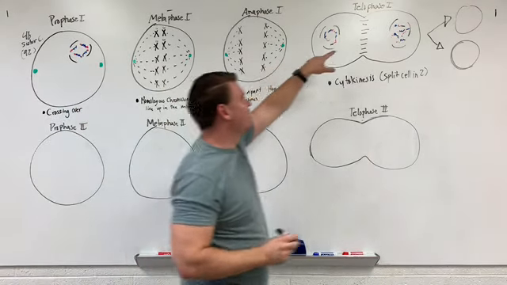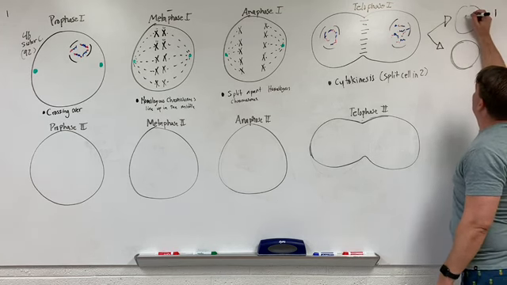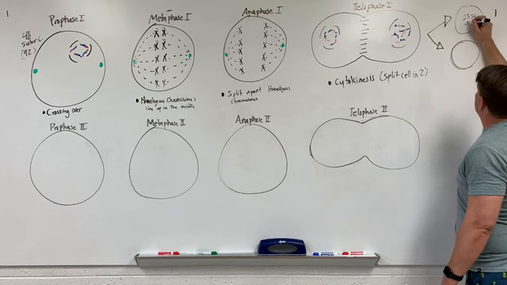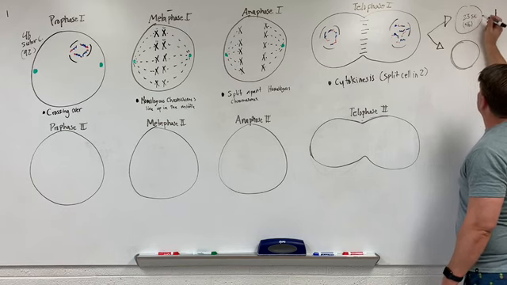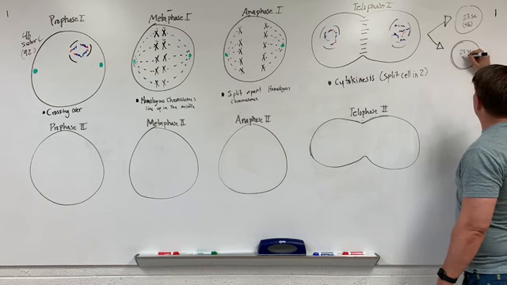So at the end here, we ended up splitting all that so that we end up now with 23 sister chromosomes, which is a total of 46, and 23 sister chromosomes, once again, which is a total of 46.